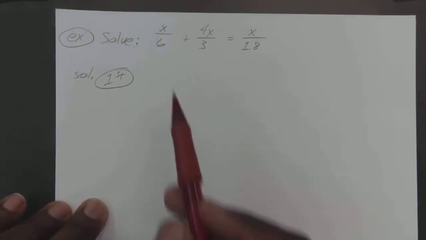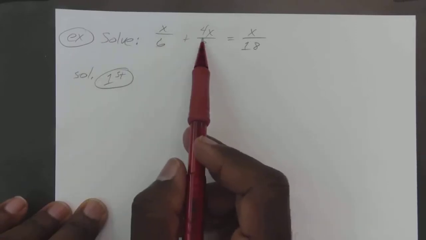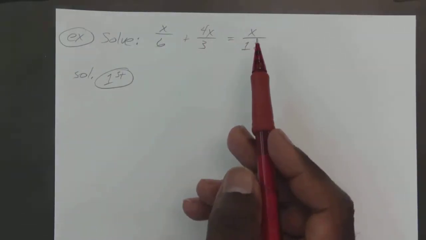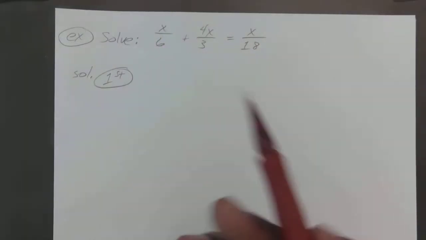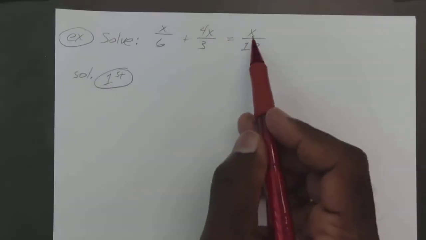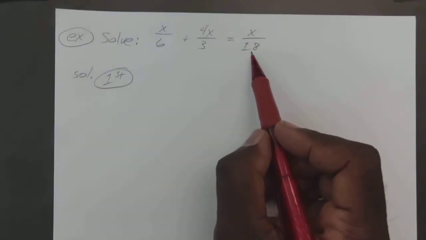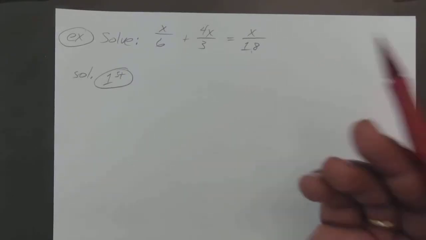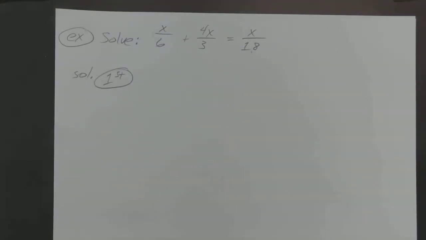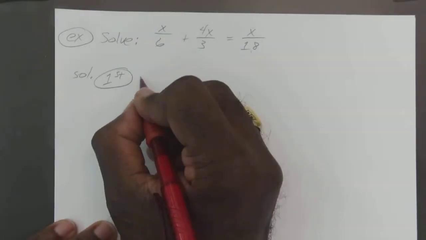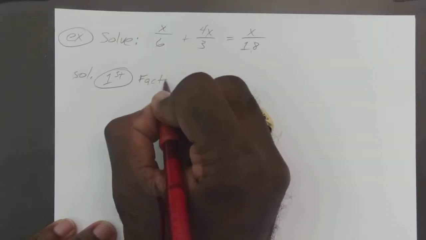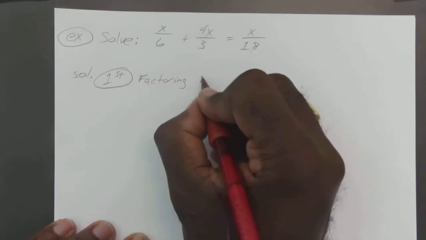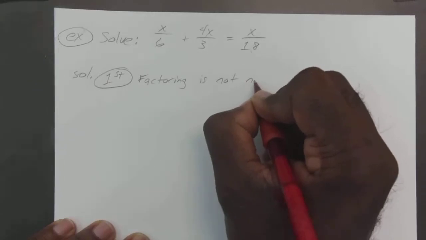Here you don't really have to because x is already factored, 4 times x is already factored. You can make it 2 times 2 if you want, you don't have to. You can make 18 into 6 times 3 if you want, but you don't have to, so it's not really necessary. Okay, so factoring is not necessary.